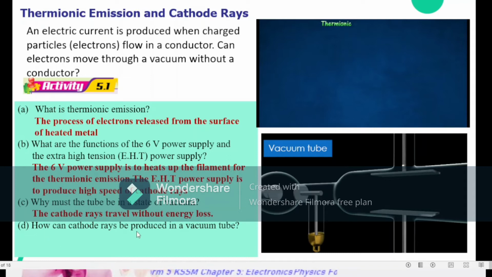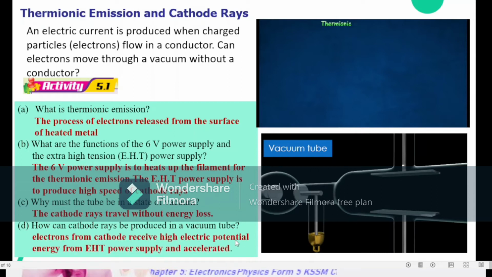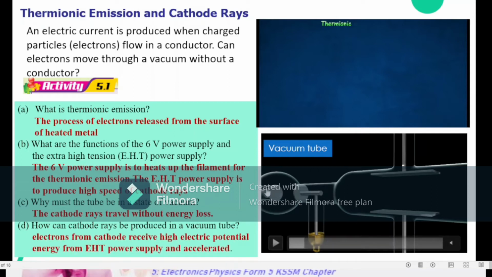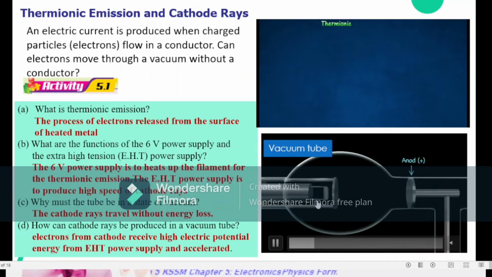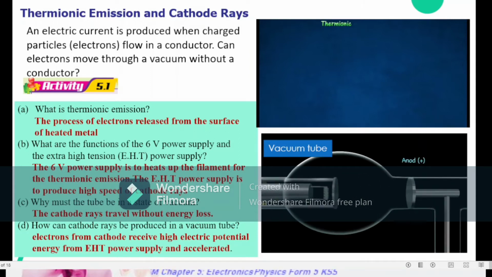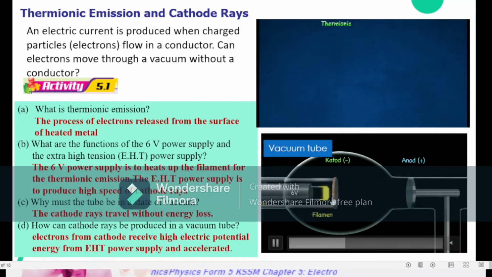How can cathode rays be produced in the vacuum tube? Just now we have observed that electrons are released from thermionic emission at the surface of metal. So what happens to the electrons? Once the filament heats up, it will heat up the cathode, and electrons will be released out.